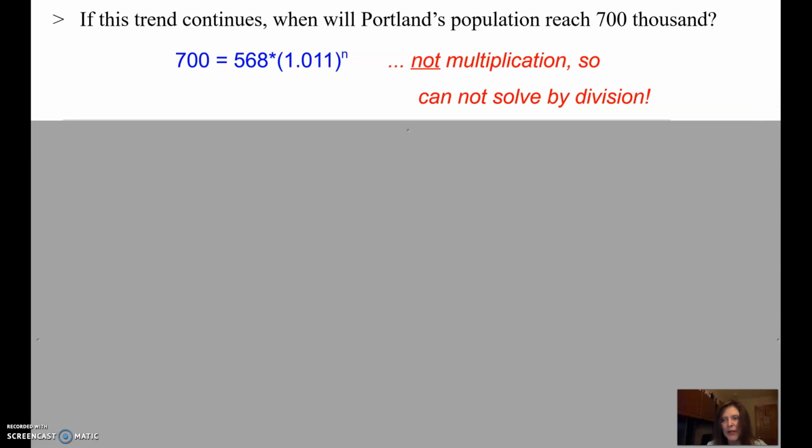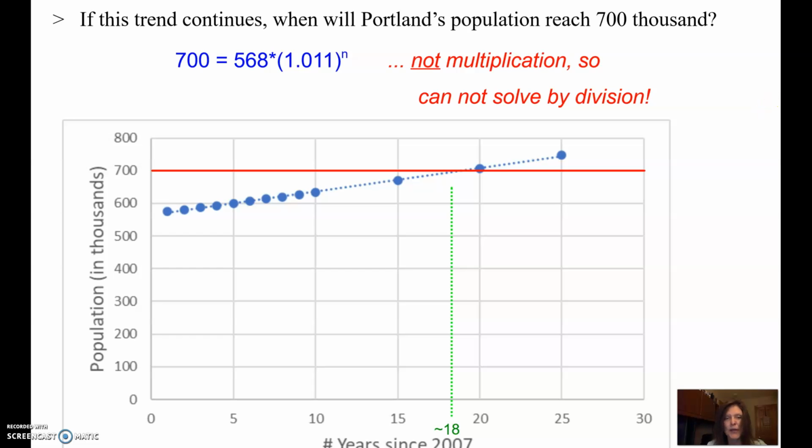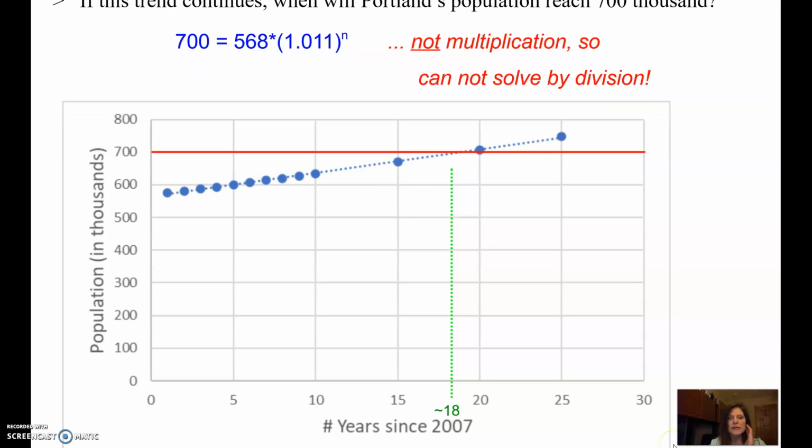Well, one option we have is graphing. Okay, so what I've done here is I have put together a graph of our particular situation where we have the years since 2007 as my x coordinate. Population is my y coordinate. It's in thousands. And then I've plotted that out and got a model here.